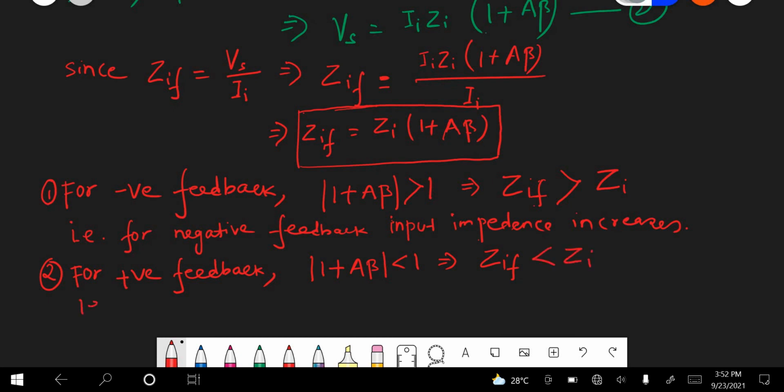That is, with positive feedback, input impedance decreases. So this is about the effect of feedback on input impedance. Thank you very much.